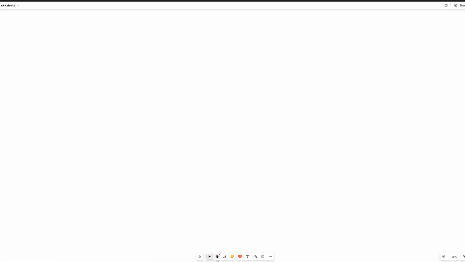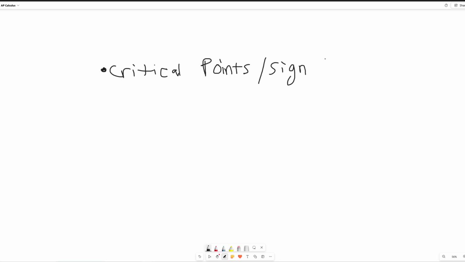So, final notes. Use critical points and sign charts. They are extremely important, and using sign charts shows your work very simply.